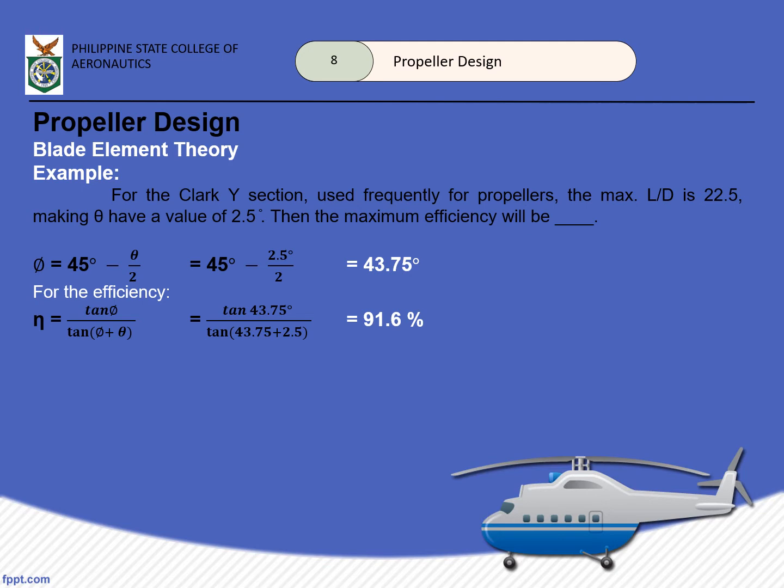Kasi nga, section siya, sinection natin siya. So this makes this process time-consuming. So you just have to be lightly familiar with this one. Again, we would be able to tell the most efficient na element.